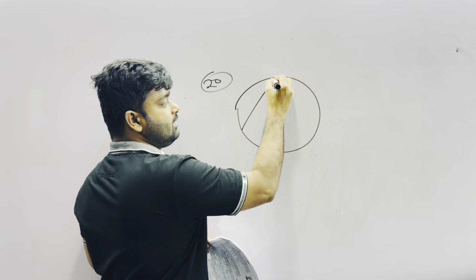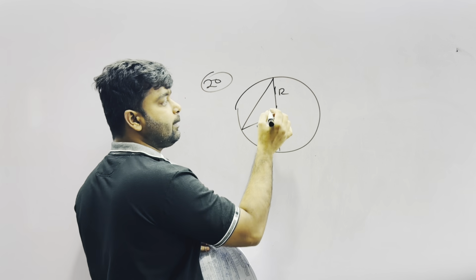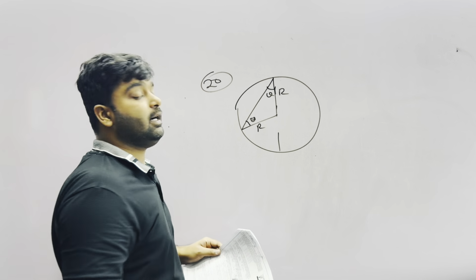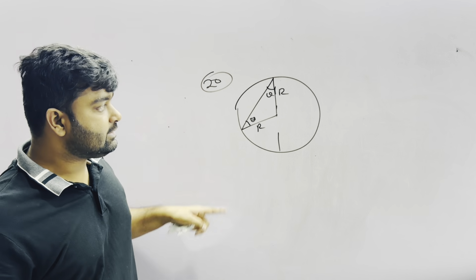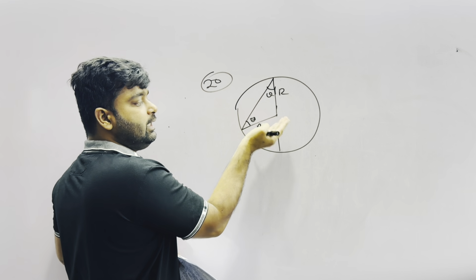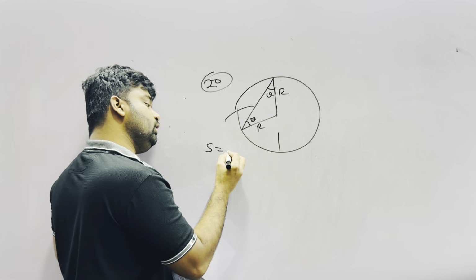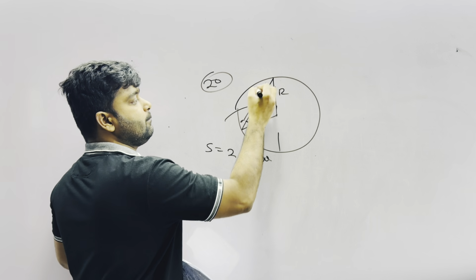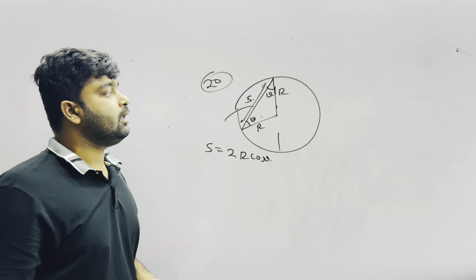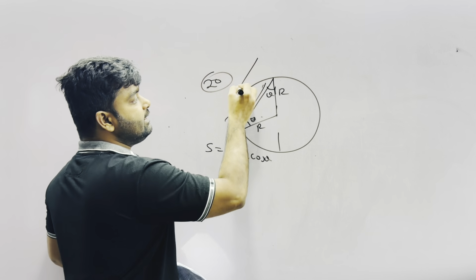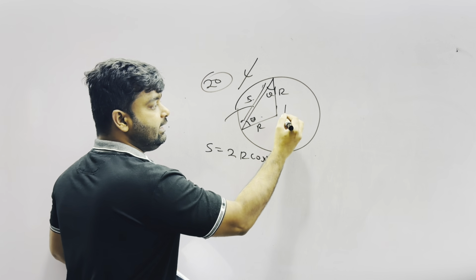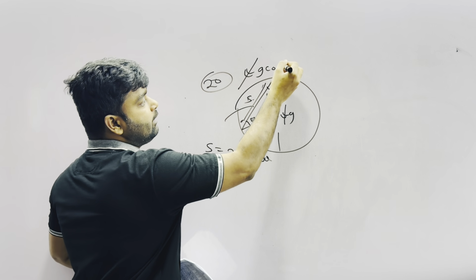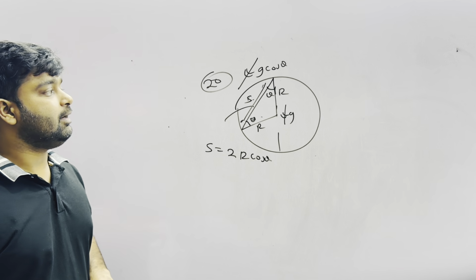This is radius. This is also radius. The angle is theta. This is also theta because it's an isosceles triangle. Therefore, distance traveled by the bead is r cos theta, therefore S is equal to 2r cos theta. Acceleration also in this direction, the vertical acceleration is gravity, g. In this direction, g cos theta. We know the distance traveled and we know the acceleration.